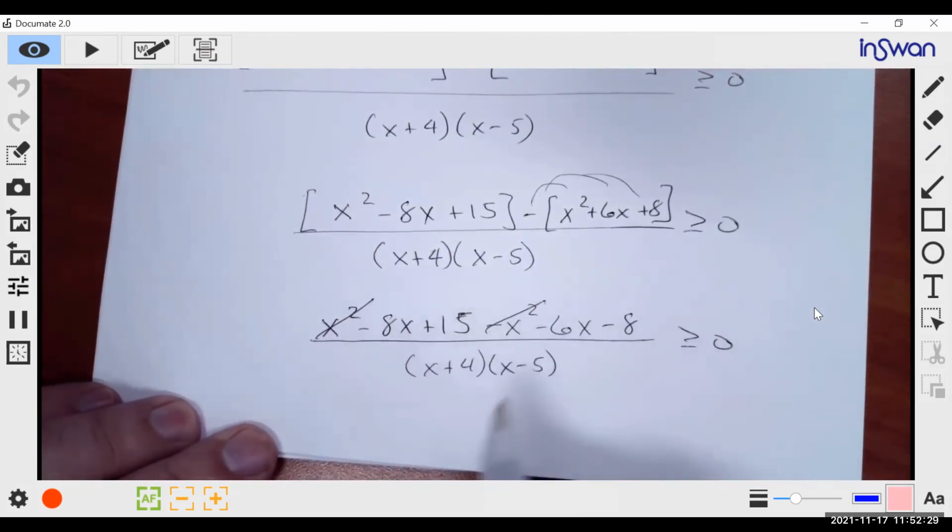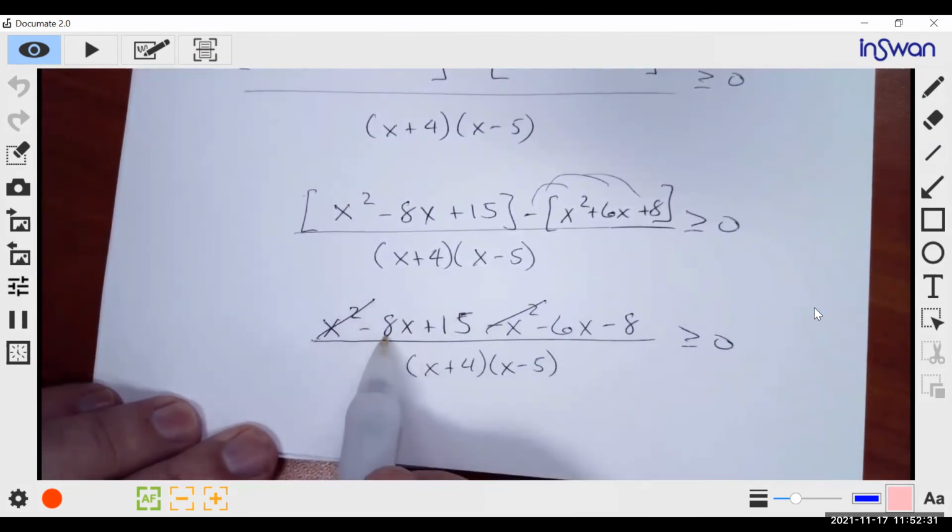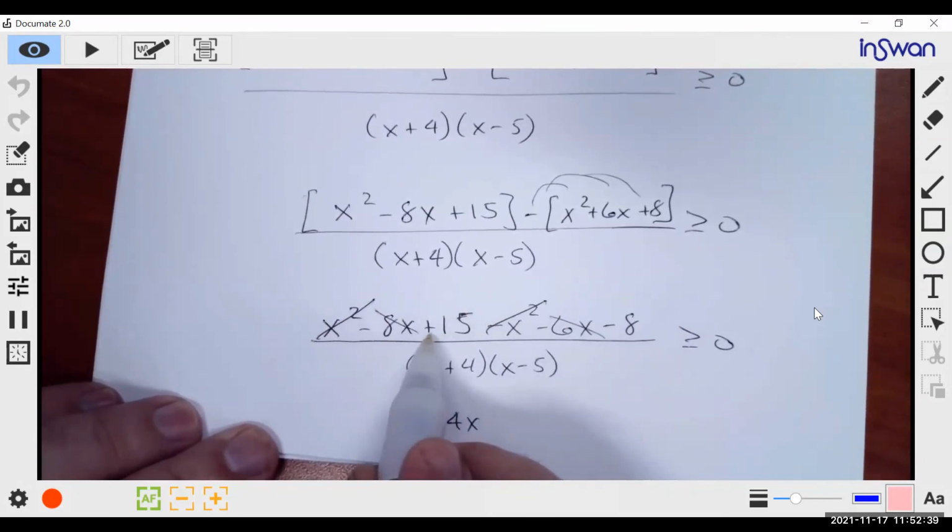X squareds cancel. Negative 8x minus 6x is negative 14x. 15 minus 8 is positive 7.